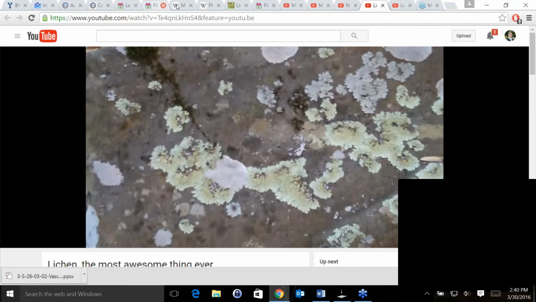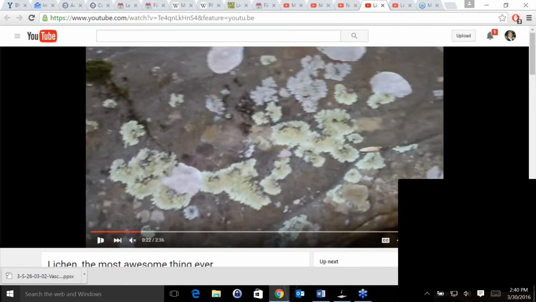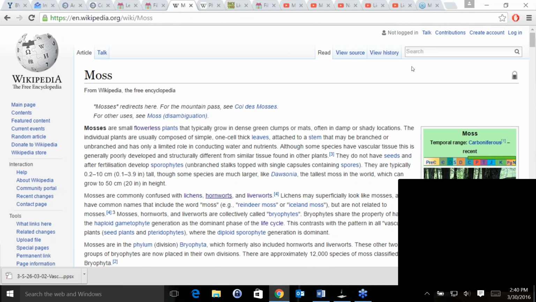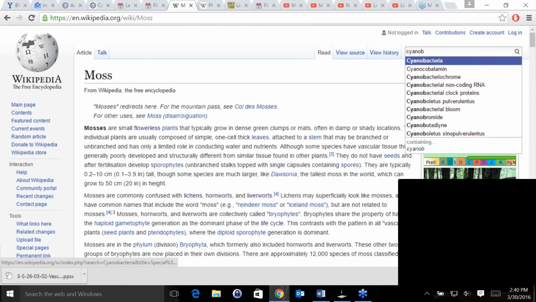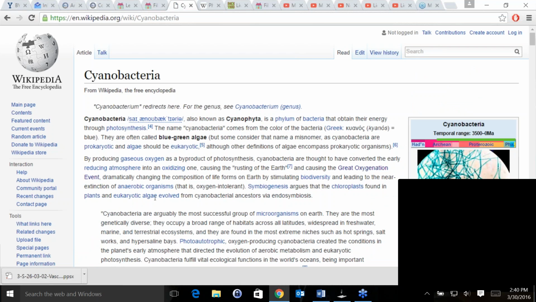Let's pause this and let's go here to Wikipedia. Okay. Yeah, I imagine that you may be doing this. Cyanobacteria. Okay. So it's a type of bacteria and they obtain their energy through photosynthesis.